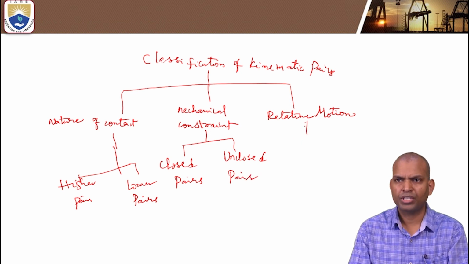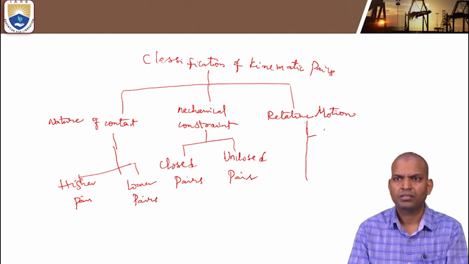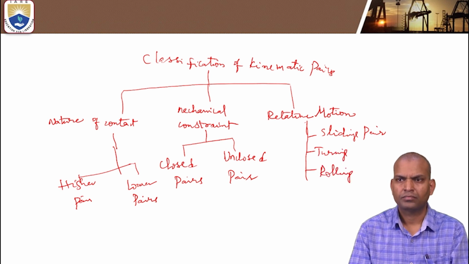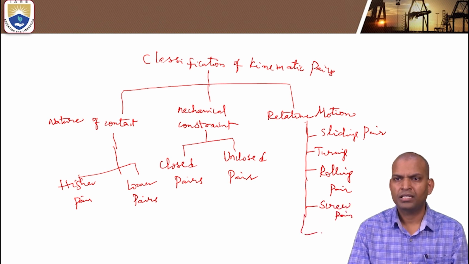Nature of relative motion, there are 5 types: sliding pair, turning pair, rolling pair, screw pair, and finally spherical pair.